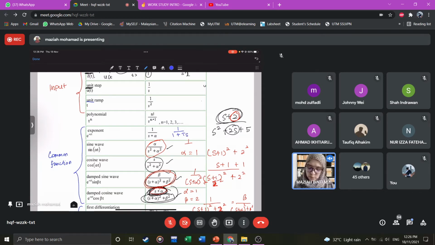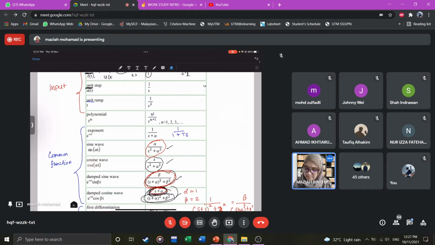So we need to rewrite it in the form of s plus alpha. Meaning this one we must divide by t. So we get 1 over t over s plus 1 over t.